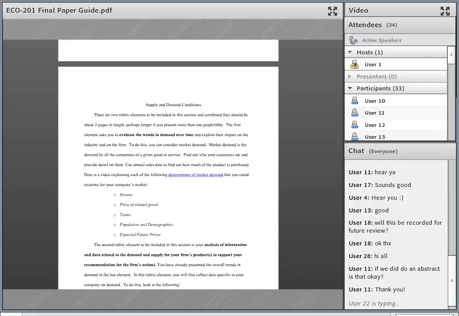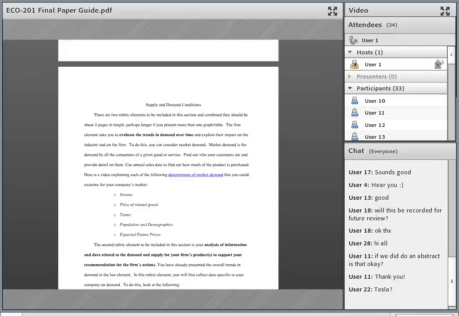If you were doing a company like, let's say, Solar First, you would be looking at the trend in demand for solar panels and other kinds of solar power. So we really want this to be focused on the bigger picture for the whole market and not just for your company in particular, this portion of supply and demand conditions.